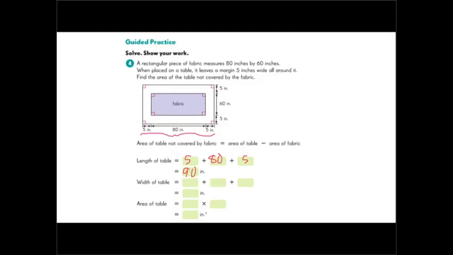The width of the table is 5 plus 60 plus 5, or 70. So that means the area of the table is 90 times 70.